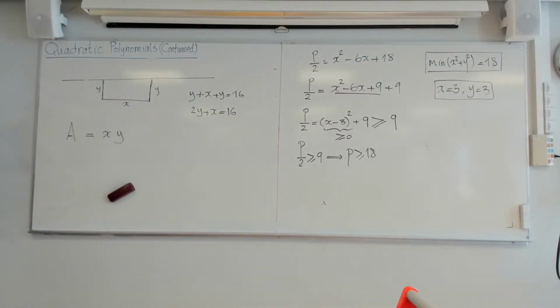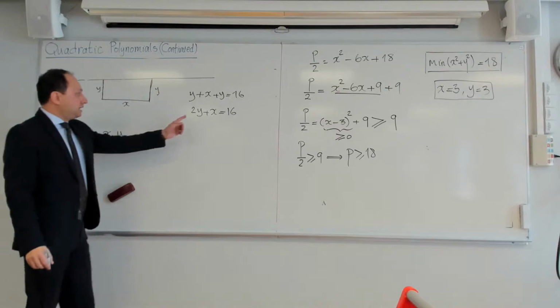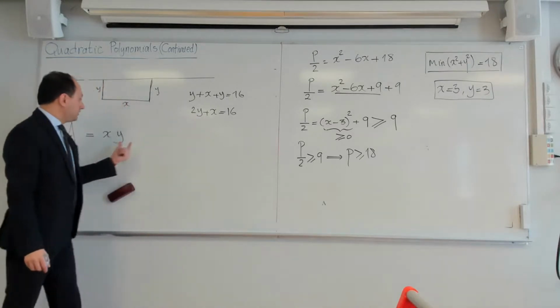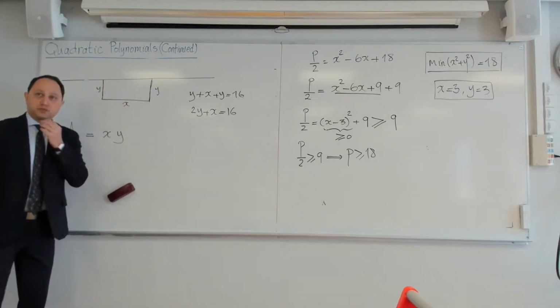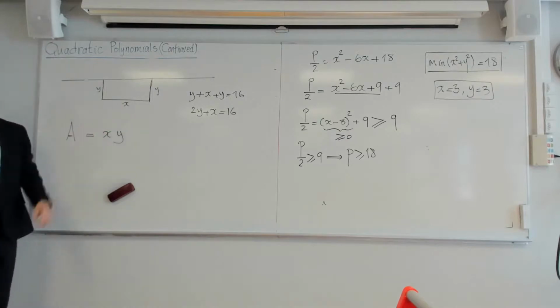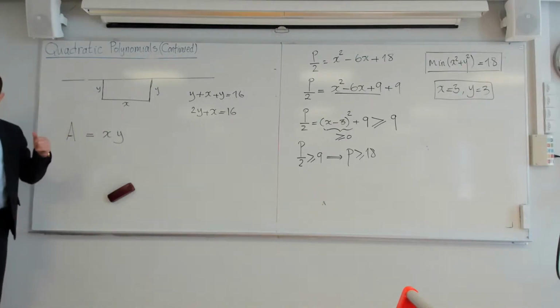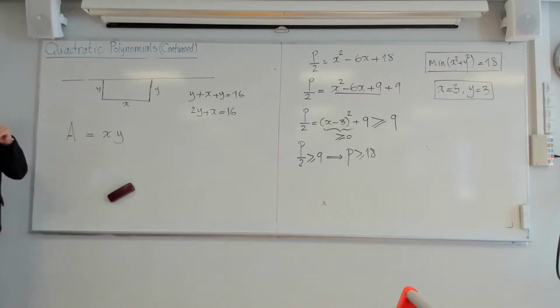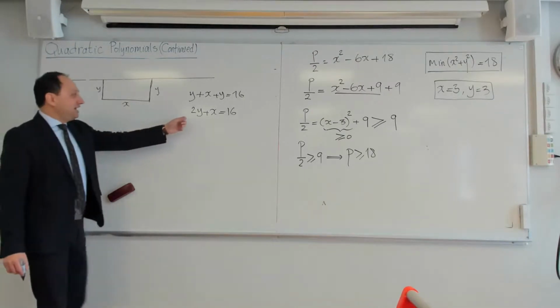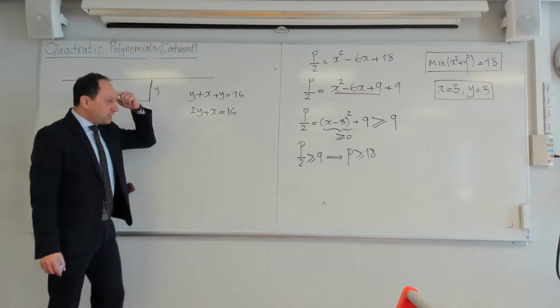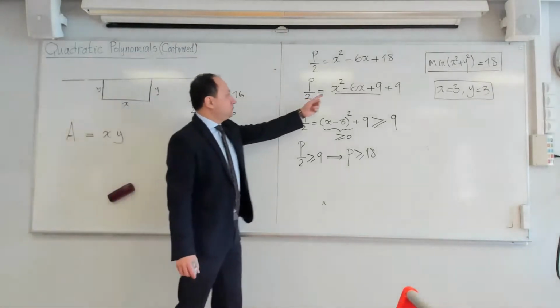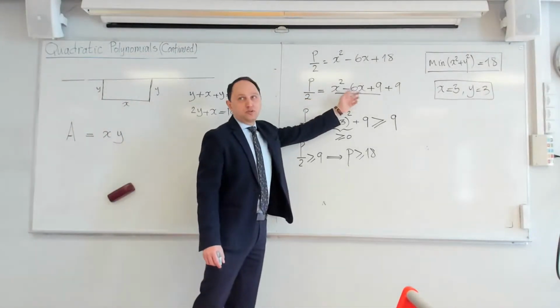Now what I do, I need to get rid of one of these variables in favor of the other one. Which one do you prefer? If I would say x here... y is better because you are used to using letter x for your variable.